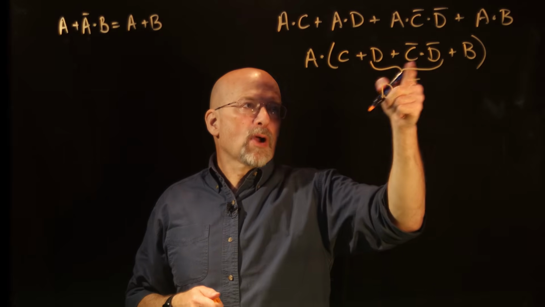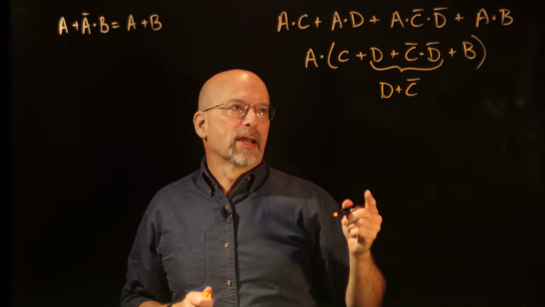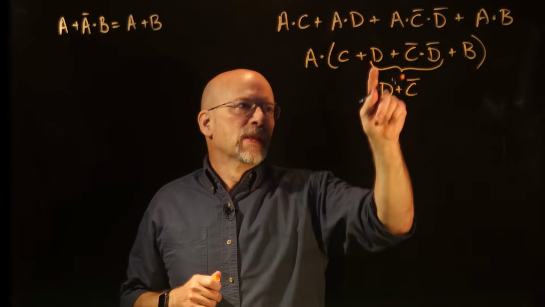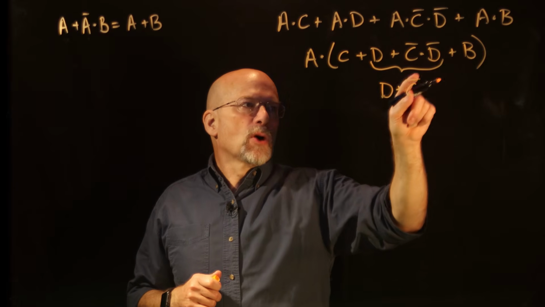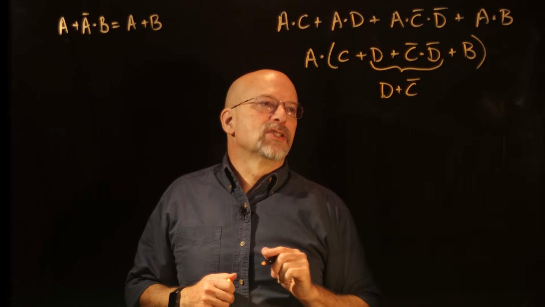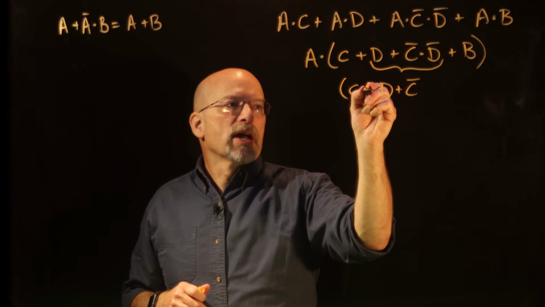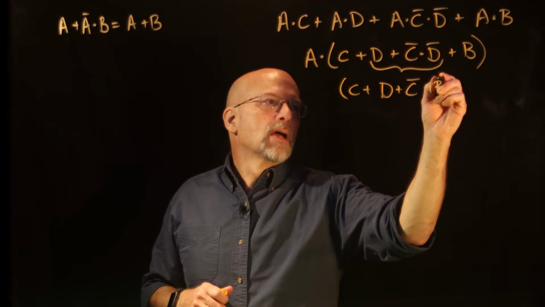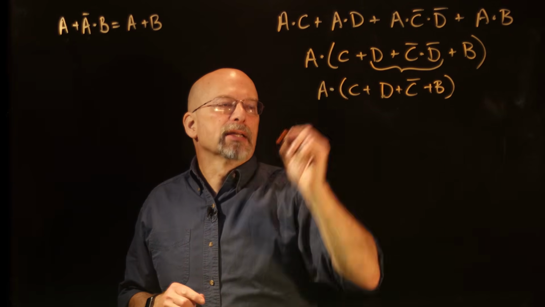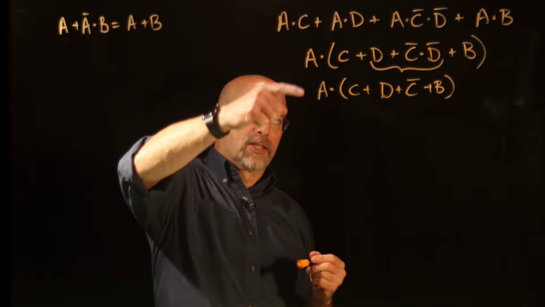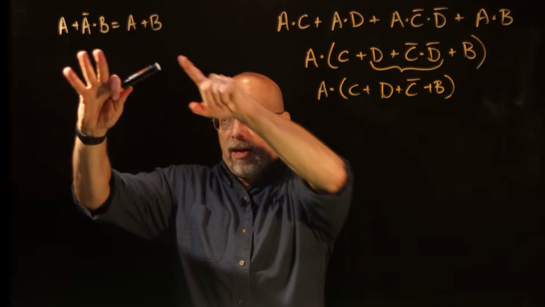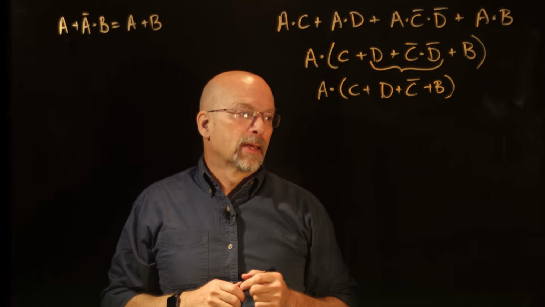So those 2 products, and D really is a product, it's just a product with only one input, D ORed with C bar D bar is the same thing as D or C bar. Now let's bring down the rest of what's inside the parentheses and also bring down the A. So once we apply this rule right here, this moves to this.